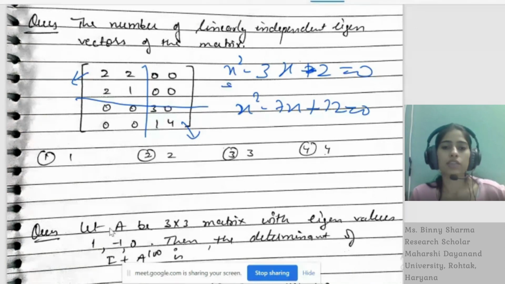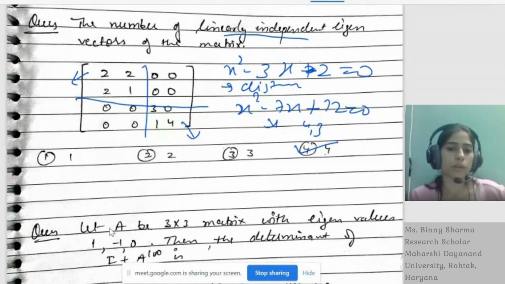I think it will have two distinct eigenvalues, and the other block also has distinct eigenvalues 4 and 3. So for each distinct eigenvalue, the corresponding eigenvector will be linearly independent. So the answer will be 4.